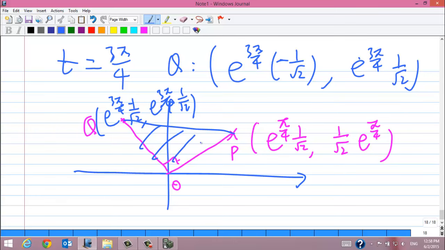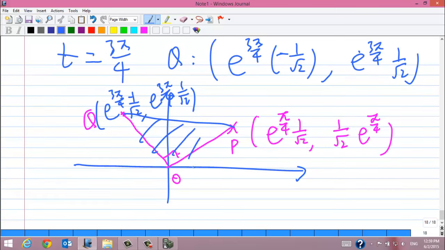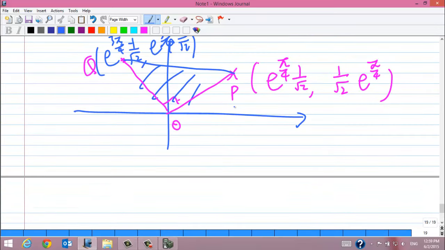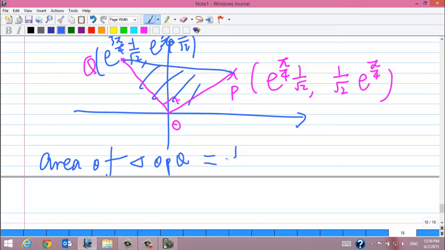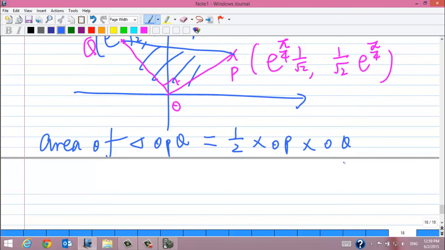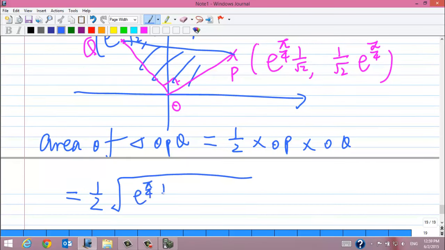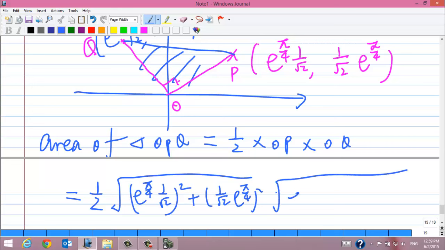Then we can find this triangle. We can use the half times base times height formula. So the area of triangle OPQ equals half times OP times OQ. The OP is very troublesome: it is the square root of x squared plus y squared, and OQ is the same thing.